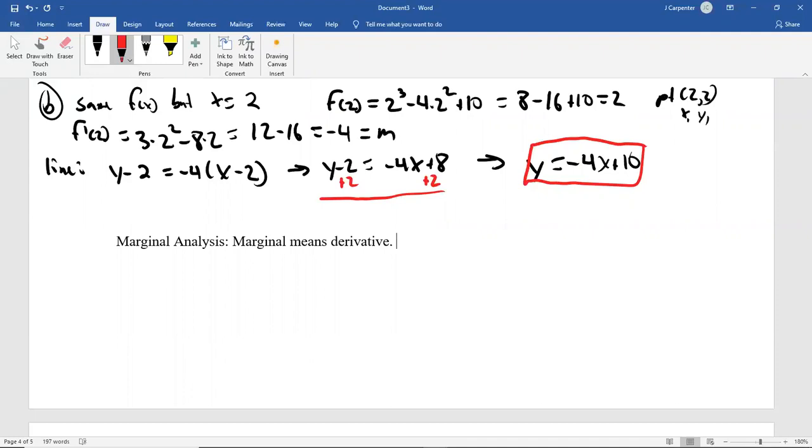Marginal means the study of the change of a function, generally in financial topics. Marginal means derivative.